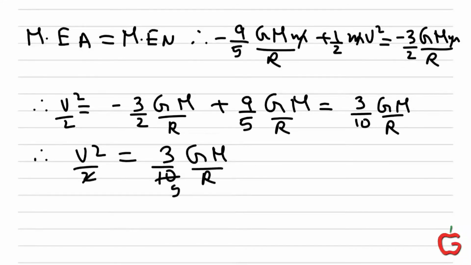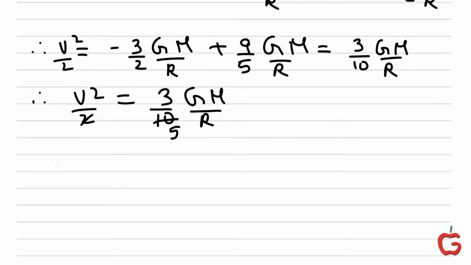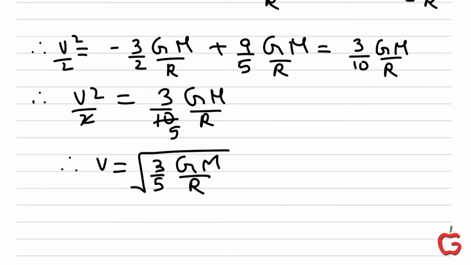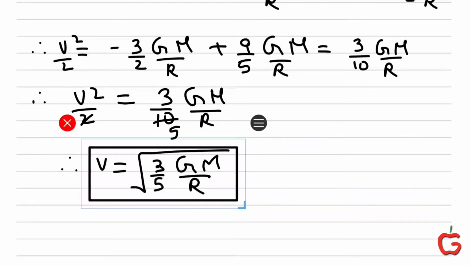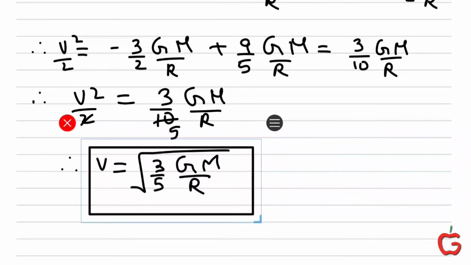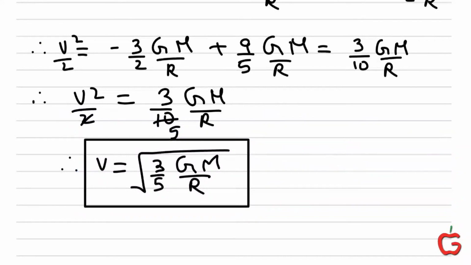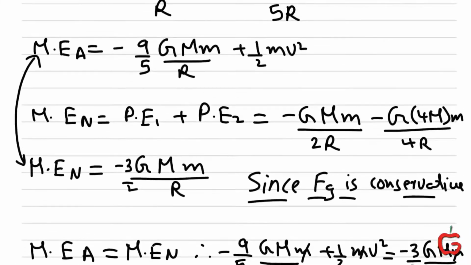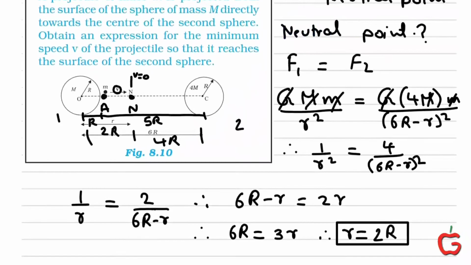Therefore, v is root of 3 by 5 G M by r. So this is the speed, this is the minimum speed that is required to throw the small mass m from the surface of the first sphere so that it reaches the second sphere.